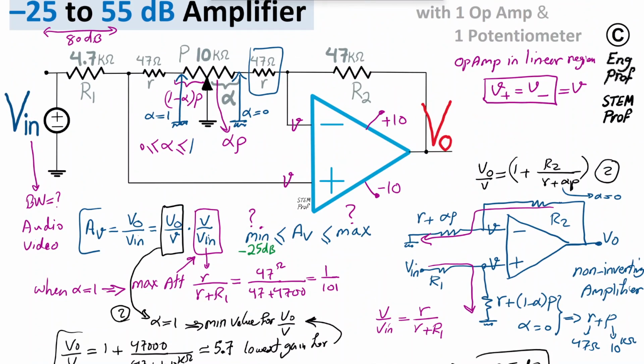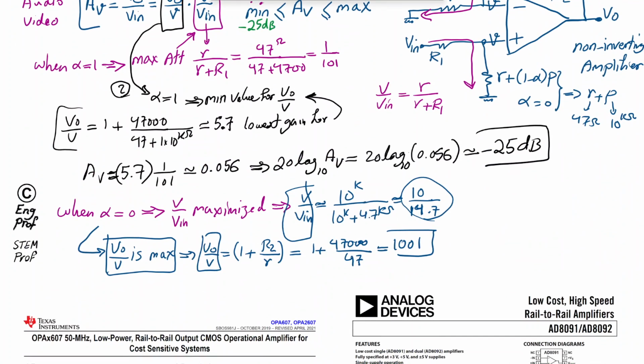Therefore, the overall gain is equal to V out over V times V over Vn, which in this case is 1001 times this guy, which is 10 over 14.7.